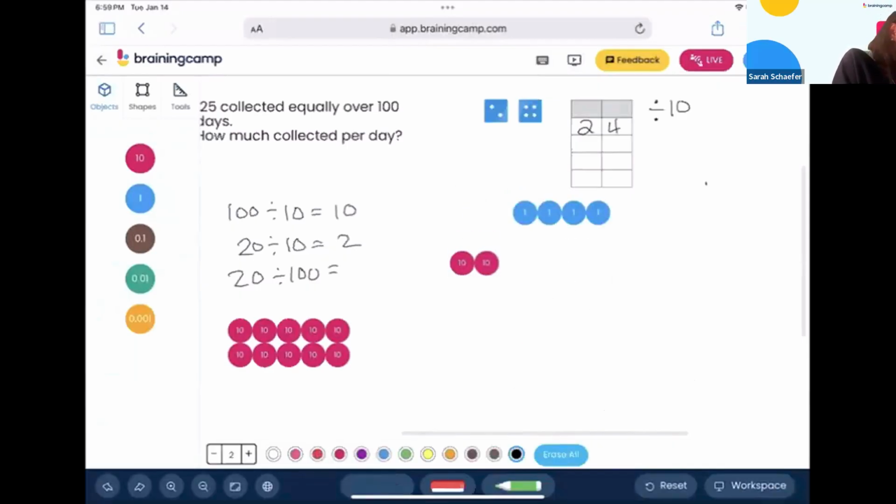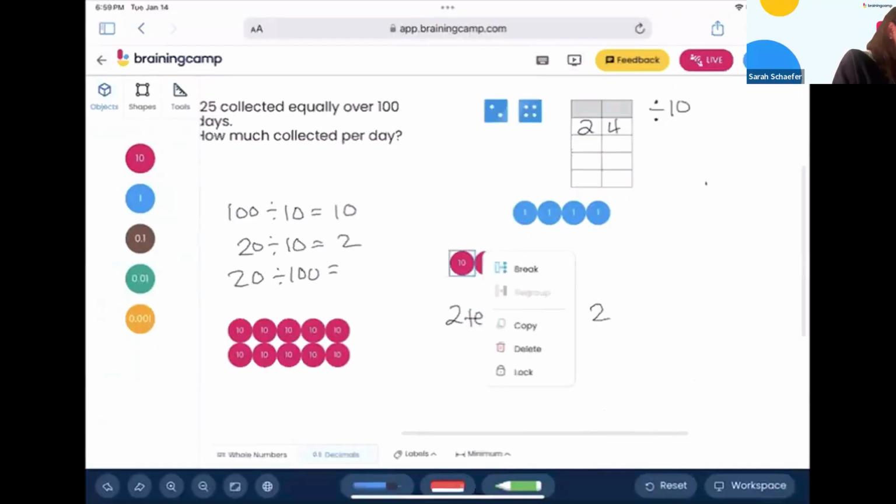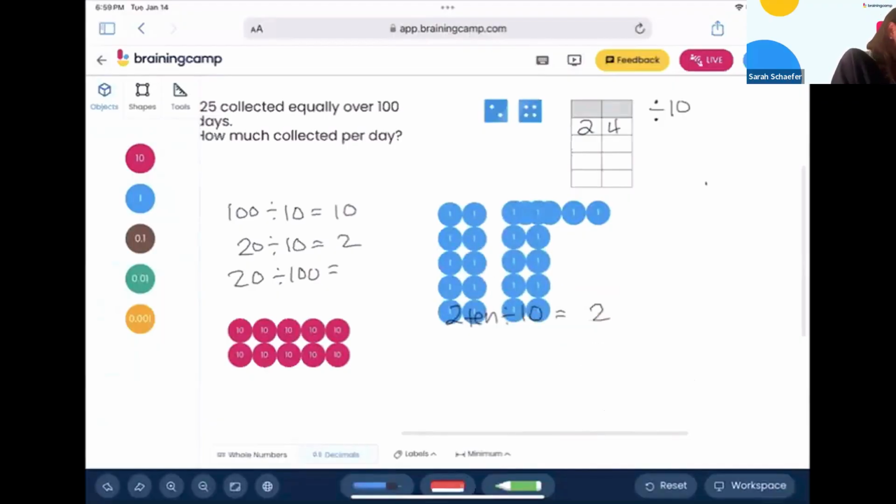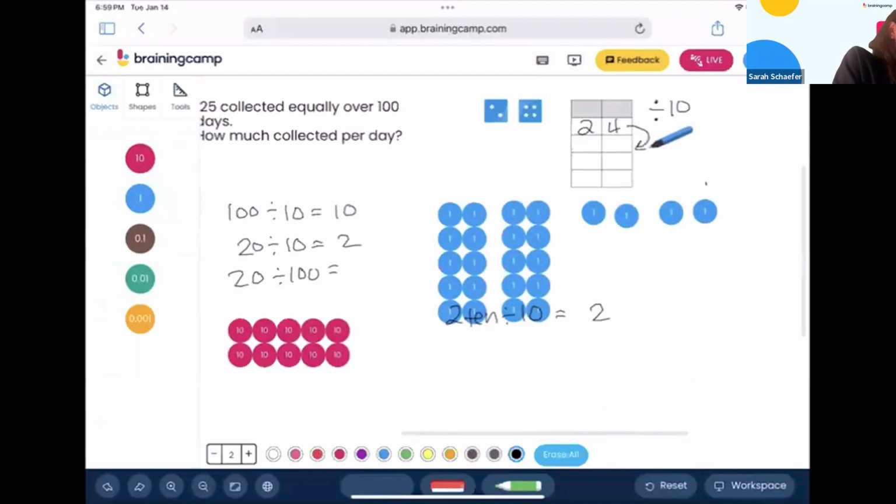I would have to show 2 tens divided by 10 is equal to 2, and show what would happen here. Let's move these 4 ones out of the way. They would say dividing by 10, this becomes a 2, so I could show where that 2 lives.